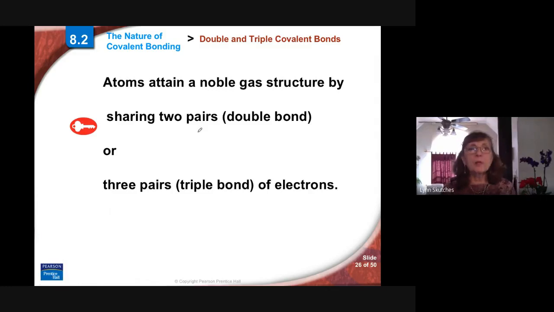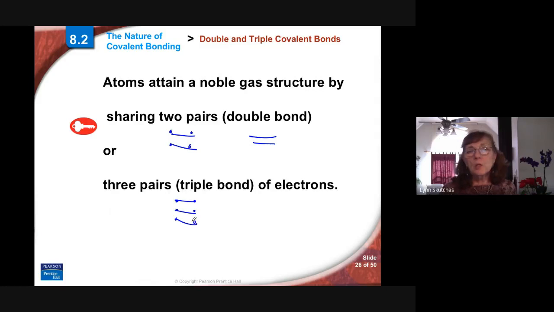So in a double bond, unsurprisingly, there's 2 pairs of electrons, and we can just represent it with 2 lines. With triple bonds, 3 from one, 3 from the other, and we can represent it as 3 lines.